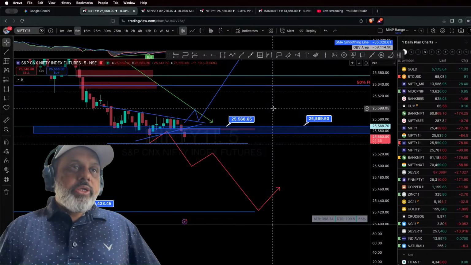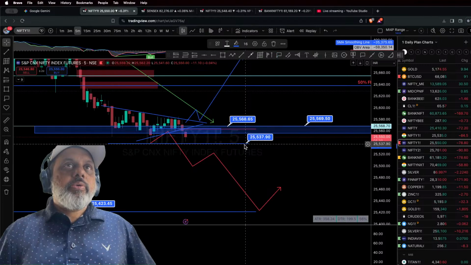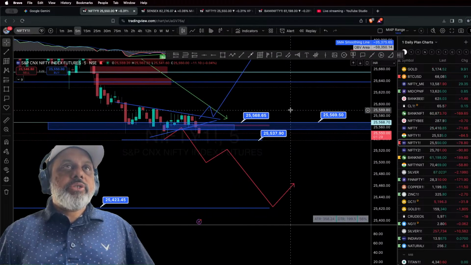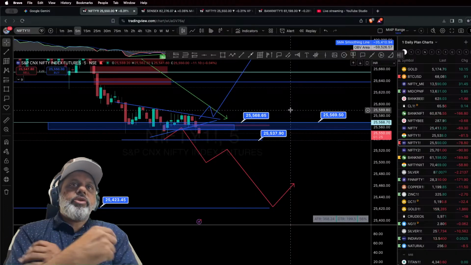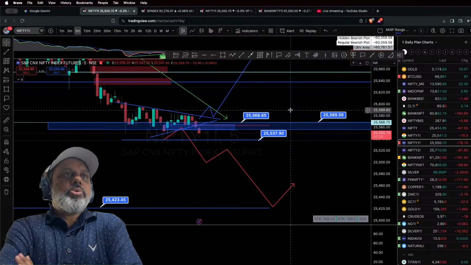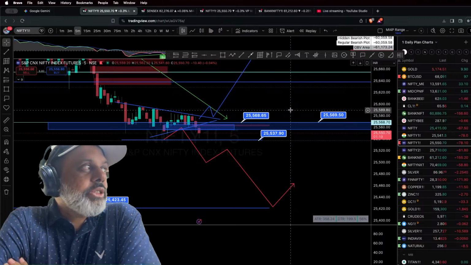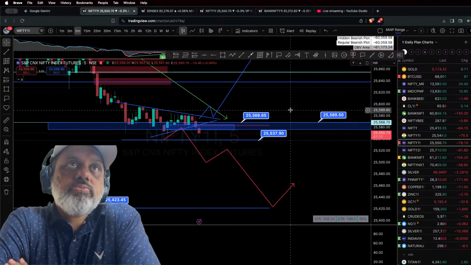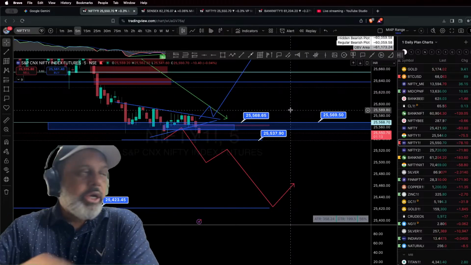We need to break this level of 25,537 before I begin to firmly believe that we are going down to 25,423. That would be a 100-point drop. And remember, this is the expiry, so we are in that expiry area.